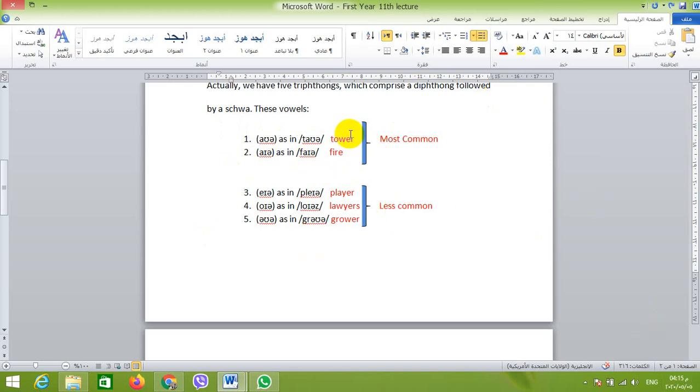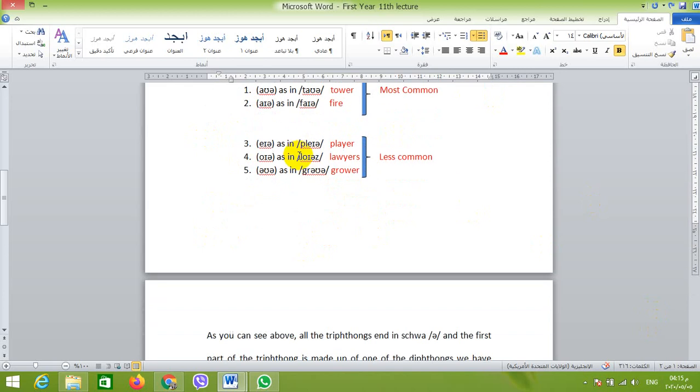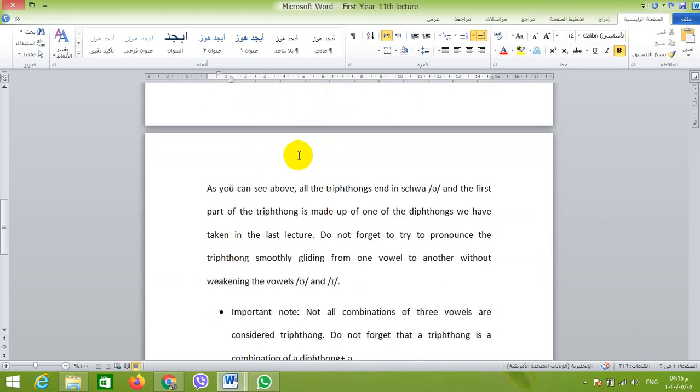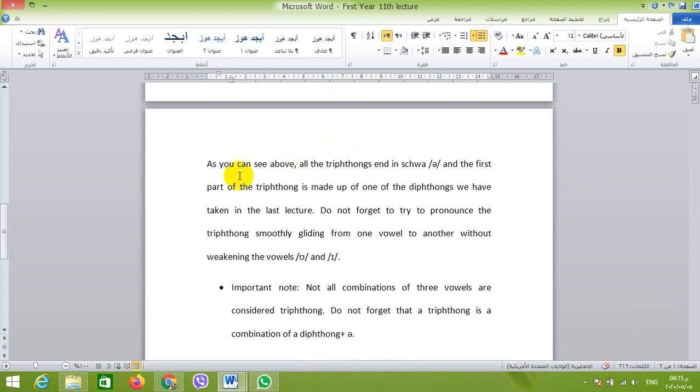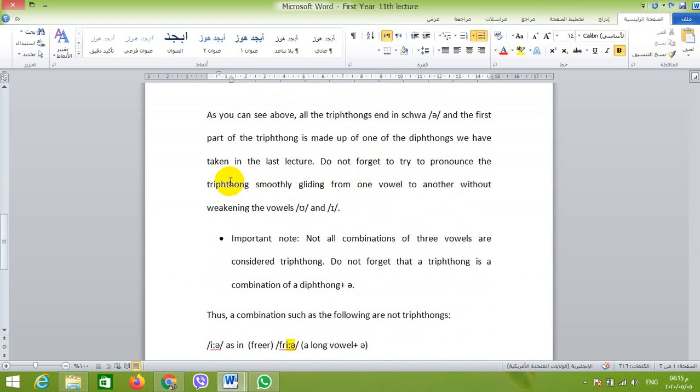Okay, and as you can see, we have a diphthong, then a schwa is attached to that diphthong, it becomes a triphthong. Okay, 2 glides, 3 vowels. As you can see, all the triphthongs end in schwa. And the first part of the triphthong is made up of one of the diphthongs we have taken in the last lecture.